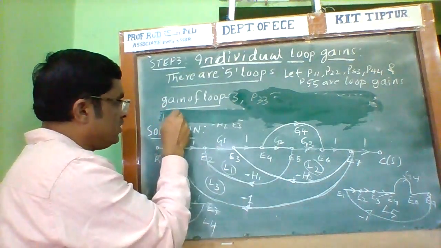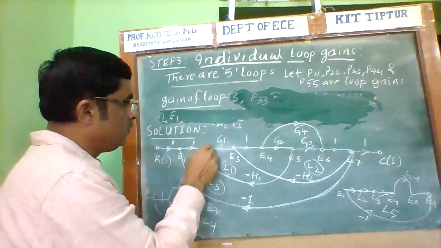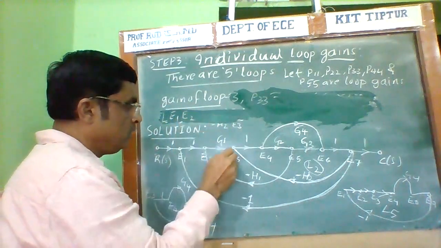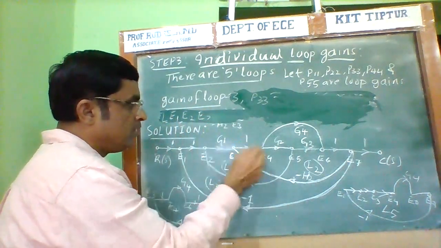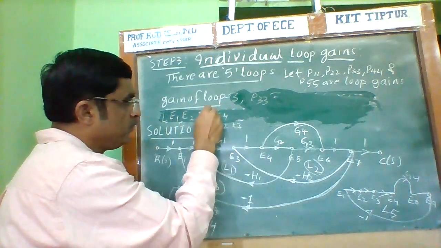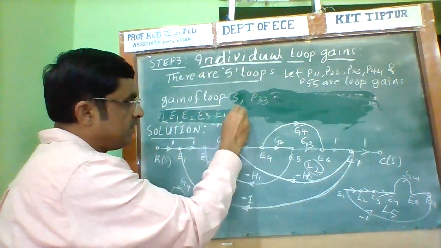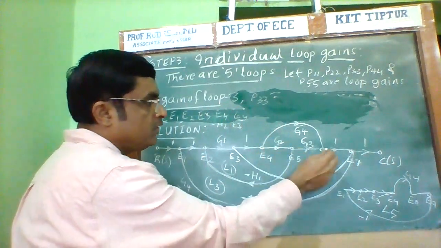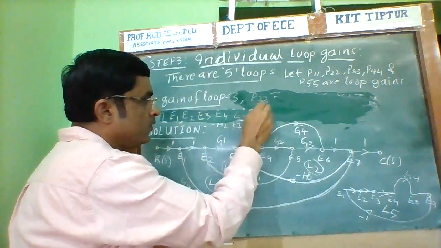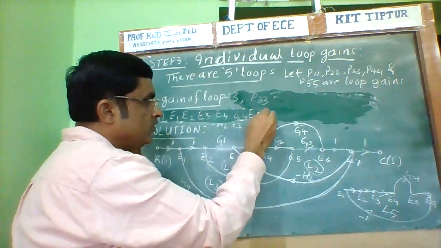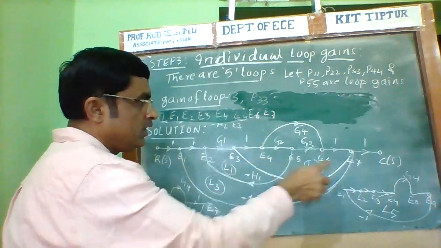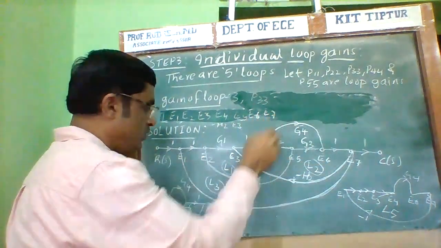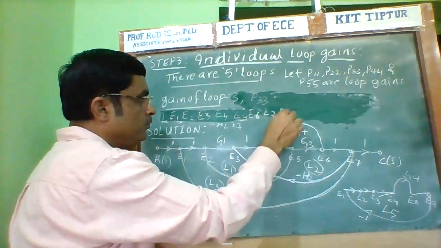The path starts from the E1 node, goes to the E2 node, E3 node, and then E4 node, E5, E6, E7, via the minus 1 comes to the same node.